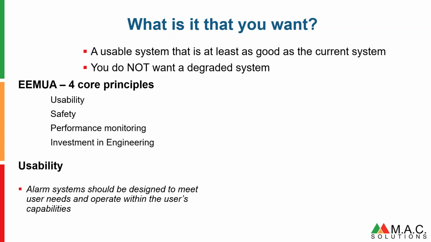What does the operator need? And operate within the user's capabilities. It's no good putting in a system that all of a sudden has 500 alarms per 10 minutes. The operator will simply not be able to manage those alarms, and so it's not going to operate within his capabilities. So usability is fundamental to any change, making sure the system is usable.